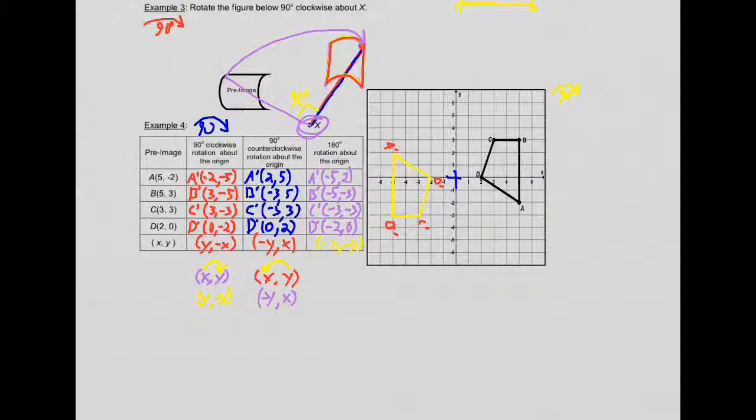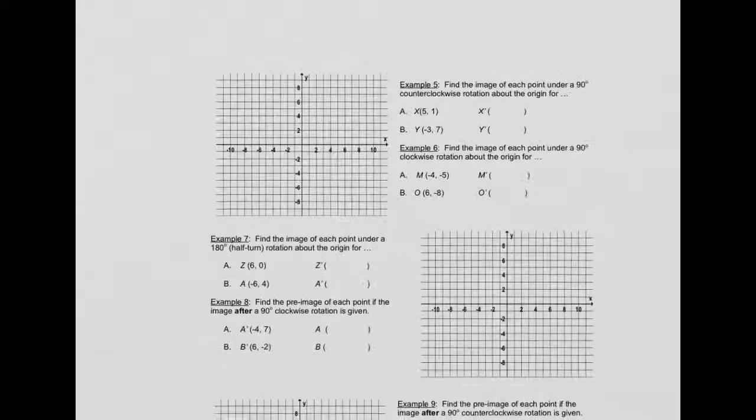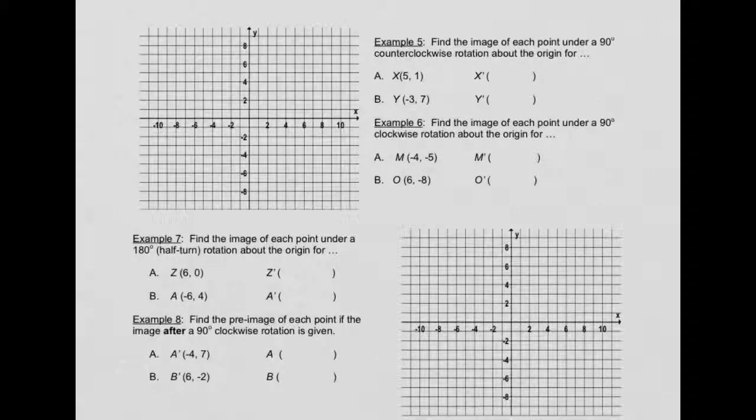So let's go on to the next page here. I want you guys to try example number 5. It says, find the image of each point under a 90-degree counterclockwise rotation about the origin.